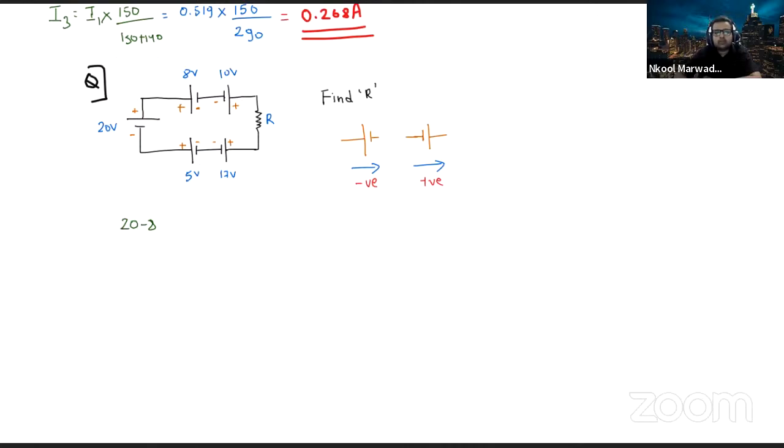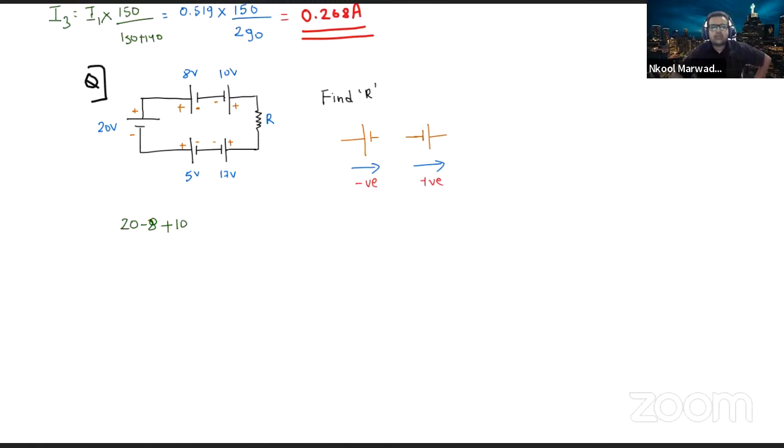And for this V1, how will we consider the sign? Okay, so what we will do, we will take it to the other side. For now, you ignore the V1. Because here both are plus plus now, so we cannot decide. So we will take it to the other side.